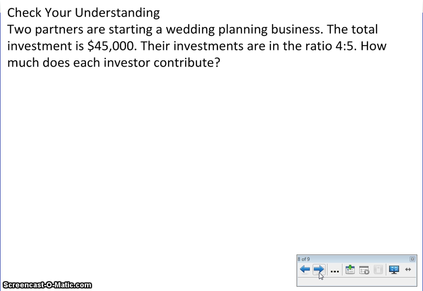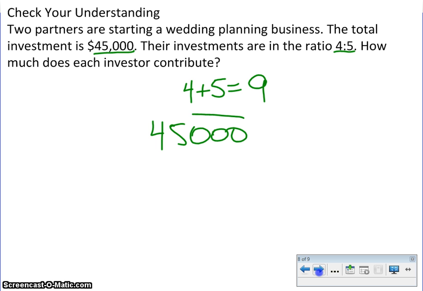Okay, so 2 partners are starting a wedding planning business. Total investment is $45,000, and their investment is a ratio of 4 to 5. How much does each contribute? So again, we start by adding all of the ratios together. So there's 9 parts. We take our 45,000 and we divide it by 9, and we end up with 5,000 is what each share is worth.